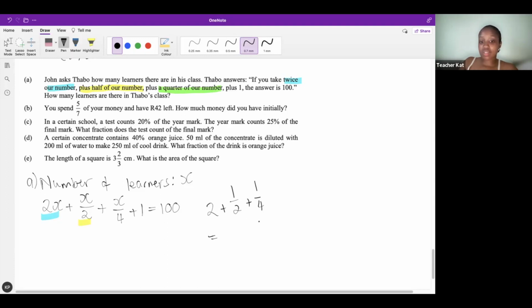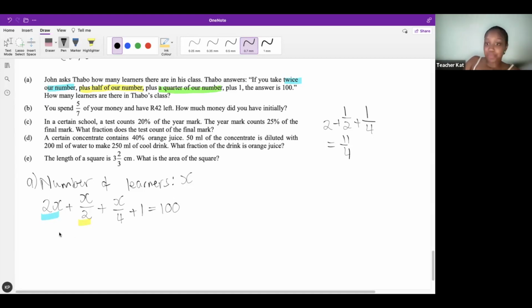And that gives us, maybe I should write it on the side nicely so that nobody gets confused. 2 plus a half plus a quarter. There we go. This is going to give us 11 over 4 what? 11 over 4 x.